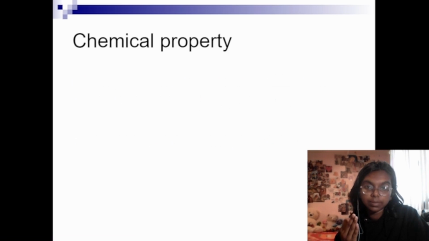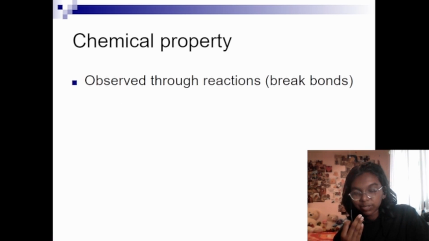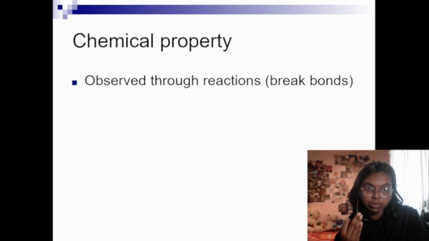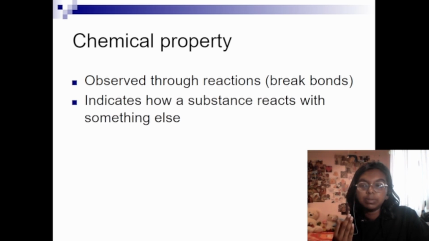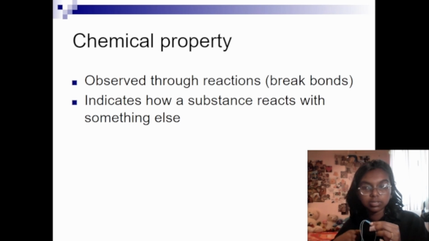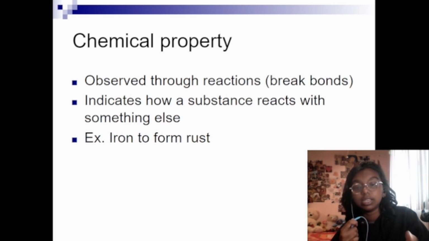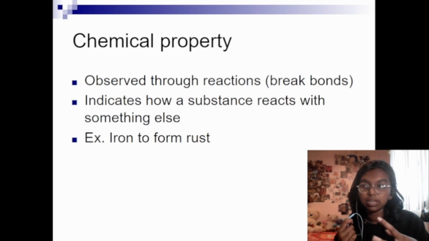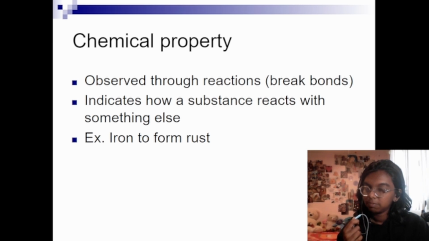Those things change. And then a chemical property, which, unlike a physical property, you observe the reactions, which is the breaking and forming of bonds. So, pretty much you see how this substance reacts with another one. So, pretty sure they said iron forming rust, because they're changing the actual iron from iron to iron oxide, I believe.